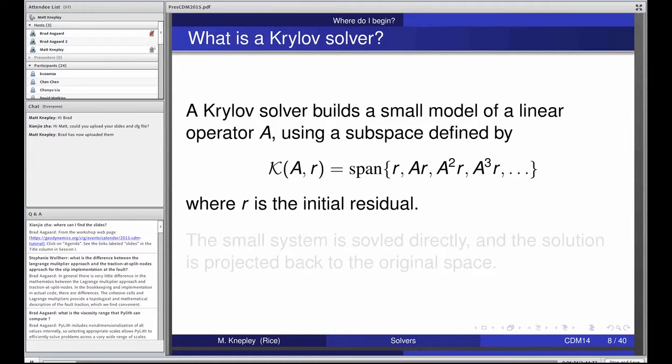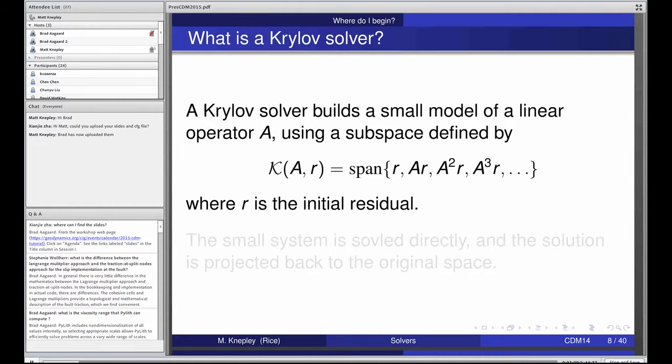Well, let's say that you picked a couple of directions, and you said, I'm only going to solve in these directions. This is what is happening here at the top of the slide. I have an operator, a matrix, and I have a residual vector. The residual is the amount that my equations are not satisfied.